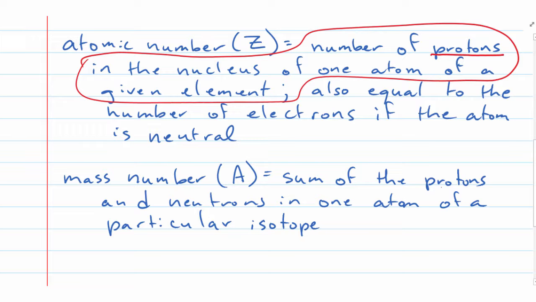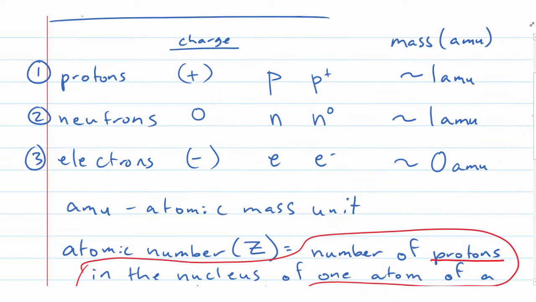So now if we compare these two definitions, an atomic number is just the number of protons, while the mass number is the number of protons and neutrons. And what's interesting about the mass number is this. We remember that the mass of a proton and neutron is about the same, which is about 1 AMU.